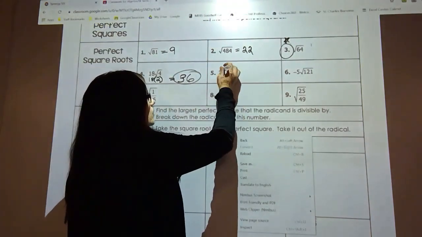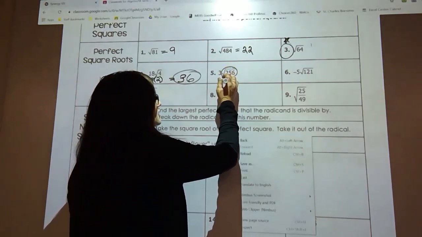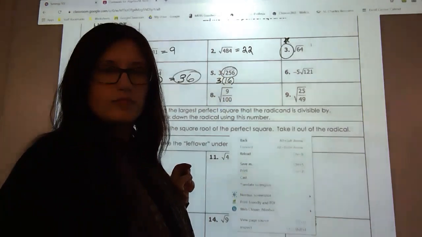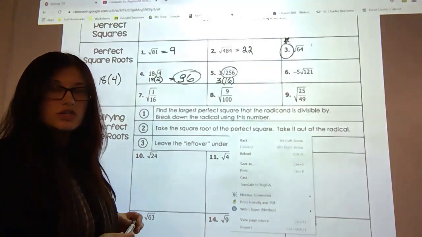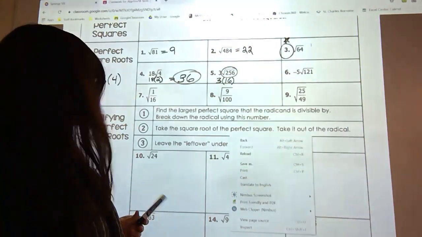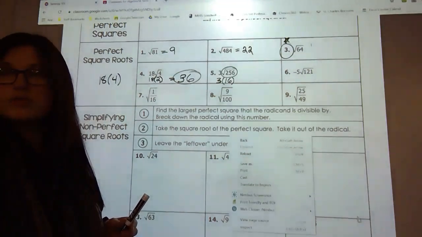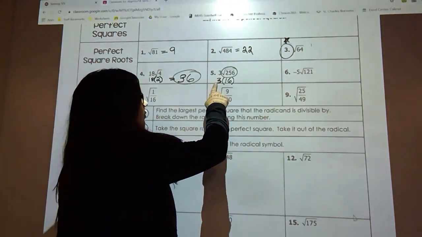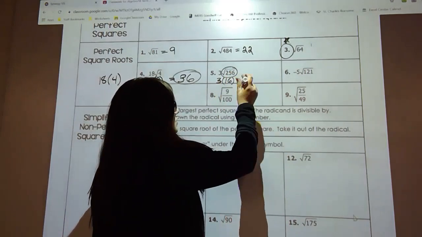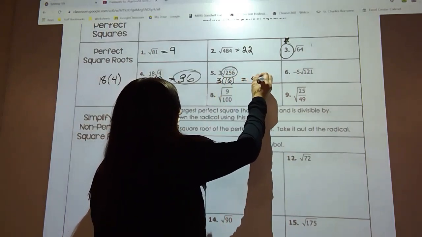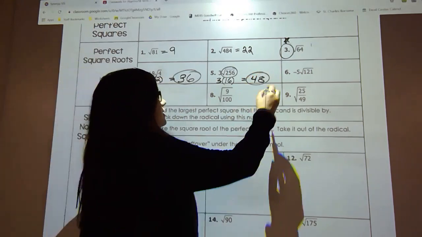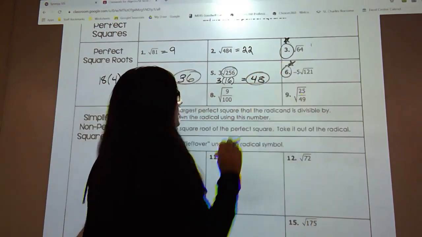So that means the square root of 256 is 16, times 3. Now to continue to solve this problem, we have to multiply 3 times 16. Well, 3 times 10 is 30, 3 times 6 is 18, so 48. I'm going to leave number 6 for you guys to do.